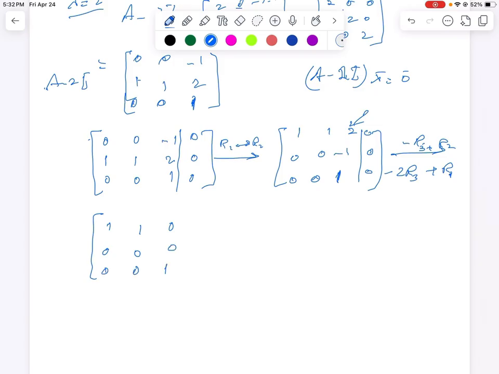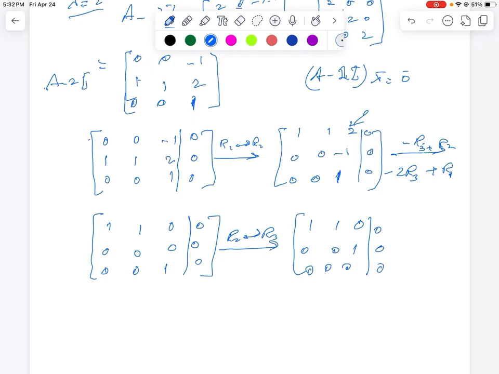So we have a row of zeros. We have to shift it, swap it, and get it to the bottom. So we swap the second and the third row to get 1, 1, 0, 0, 0, 1, and then 0, 0, 0.